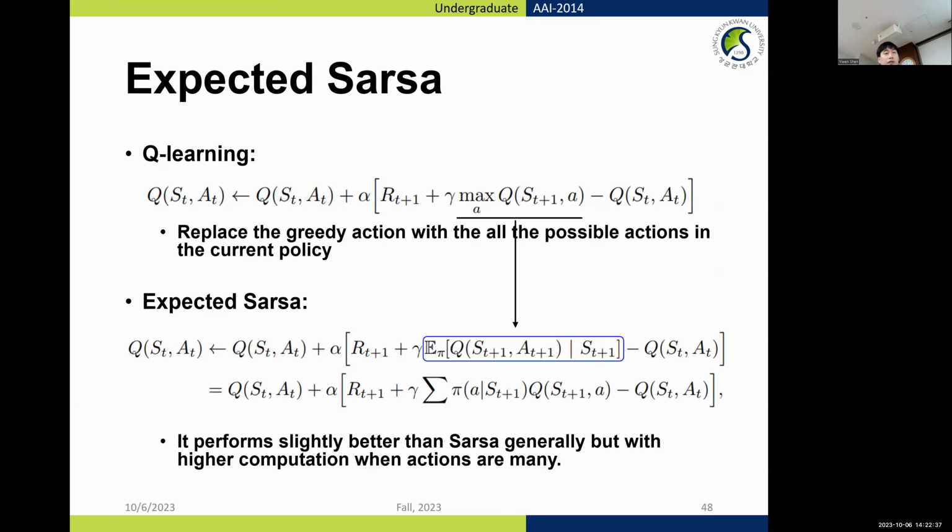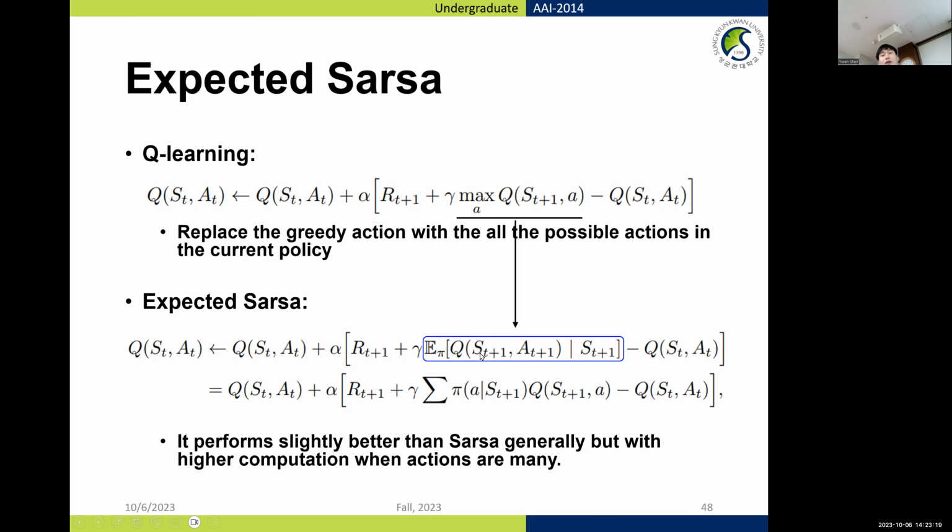So this is Q-learning. There's another method. We are looking at the different variants of TD learning. We call it expected SARSA. In Q-learning, we use the greedy action. Now we move back to the Bellman equation. Instead of considering only the greedy action, we consider all the possible actions in the surrounding states.